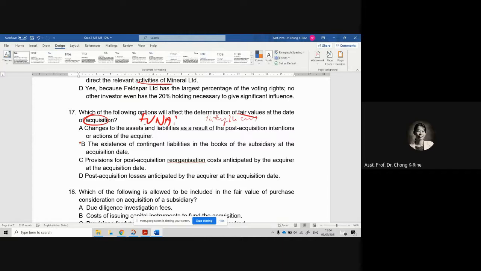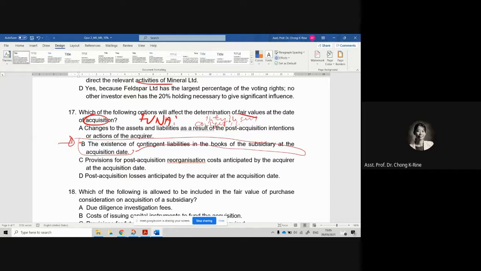And number two, we want to identify if there's any contingent liability disclosed in the subsidiary's accounts, we will recognize at consol level as provision. Correct? This is the answer. So we will determine the fair value and we will recognize it if we are having an acquisition. Otherwise, cannot recognize. We can only disclose it.